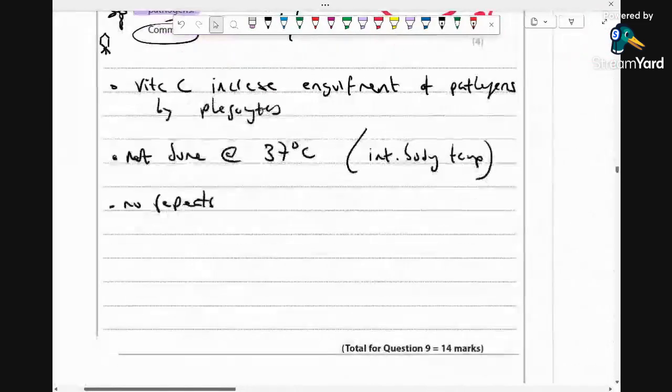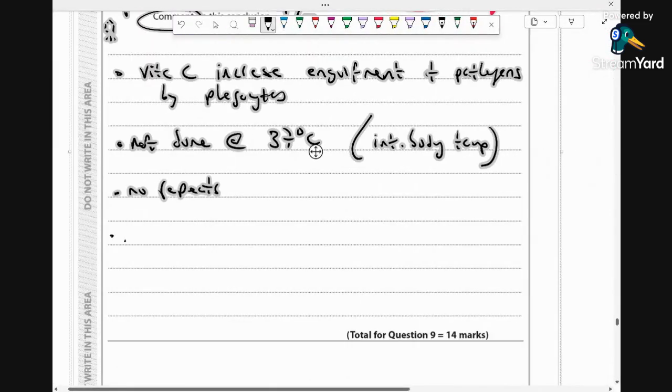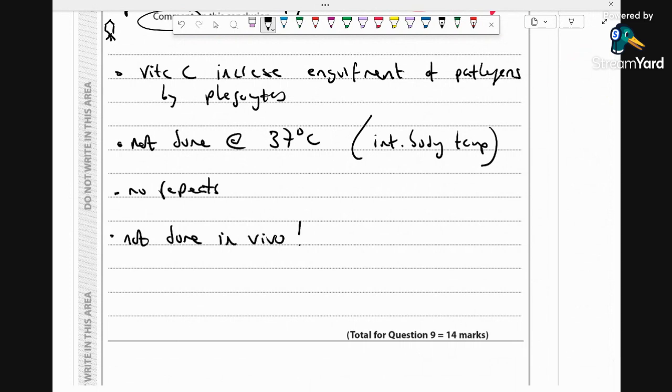So actually, two other things here. It's not done what we call in vivo, right? It's been done in a lab. And I would say that bacteria are not the only pathogens.